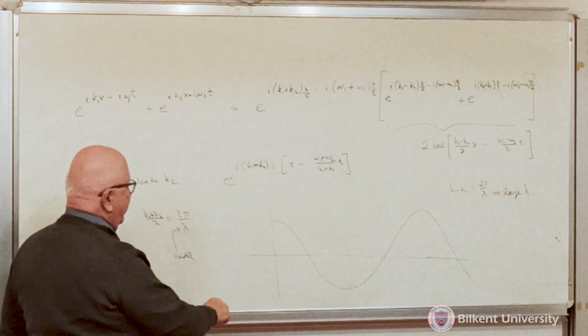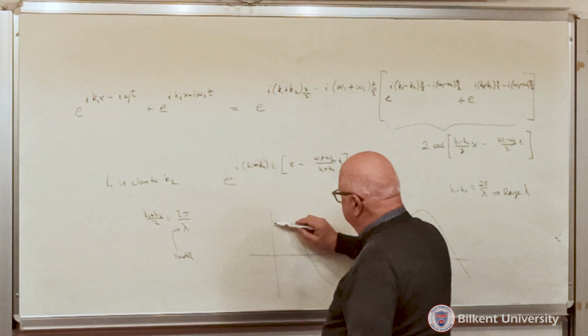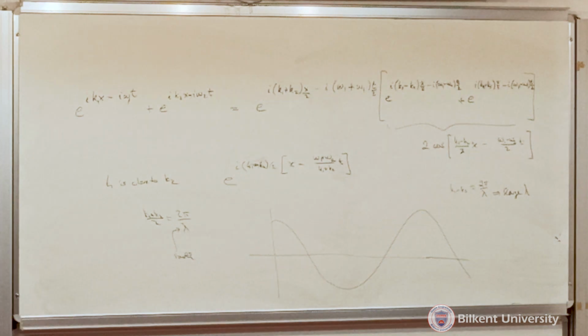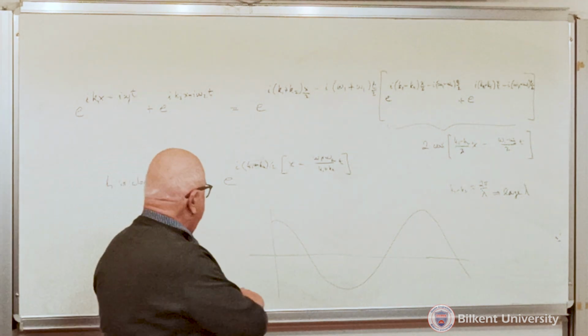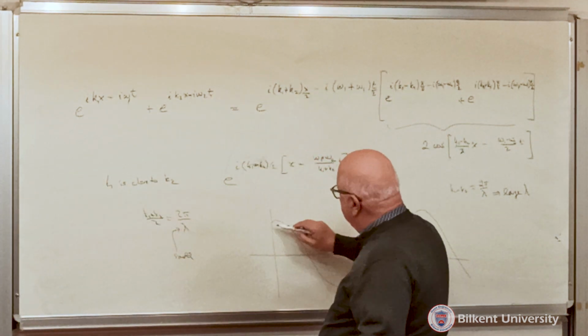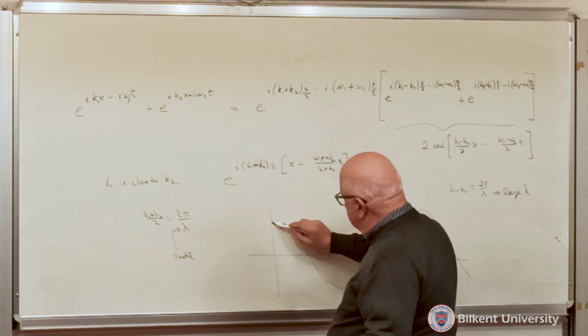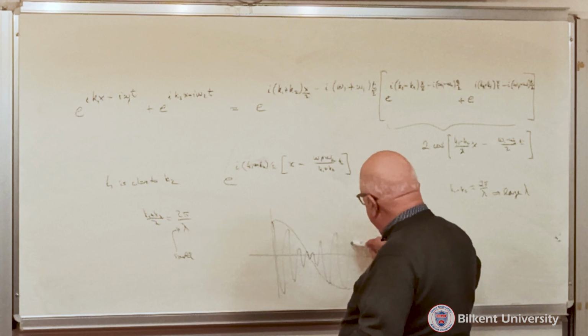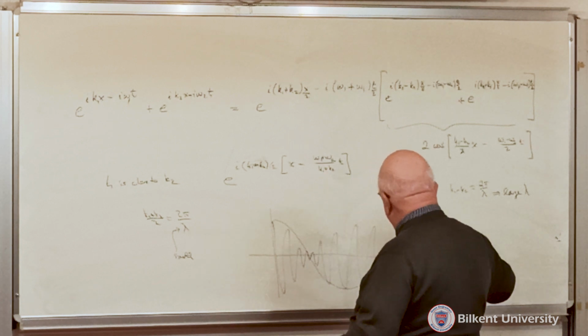So I'll have a complex wave with real and imaginary parts. Let me put them in different colors perhaps. I have this wave, e to the i (k1 plus k2) being multiplied by the cosine, so I get something like this.